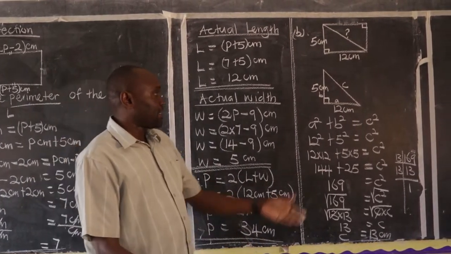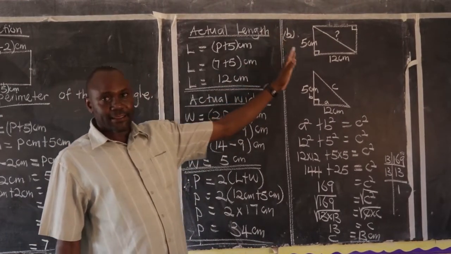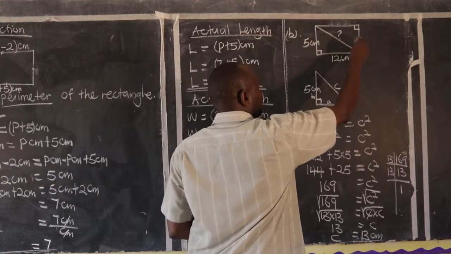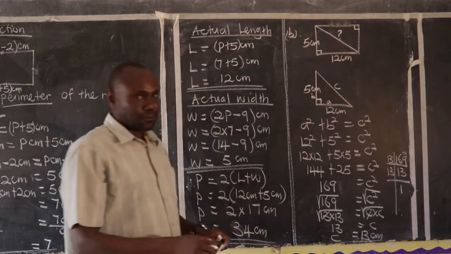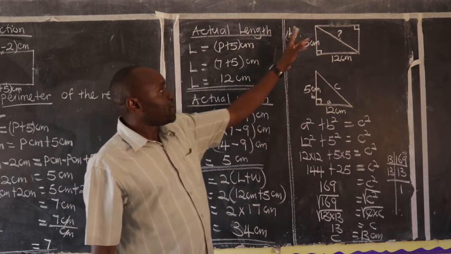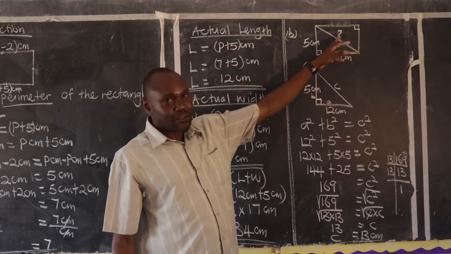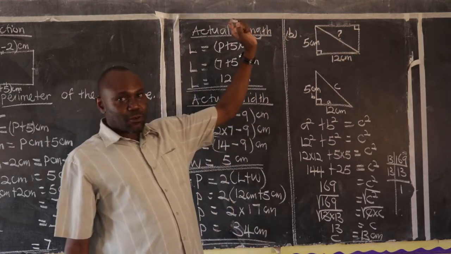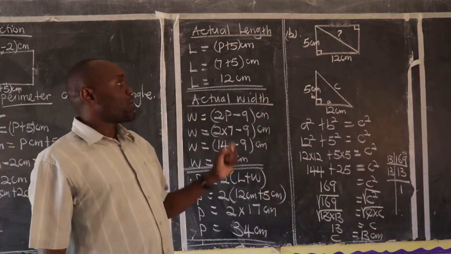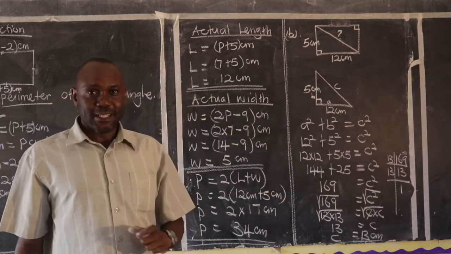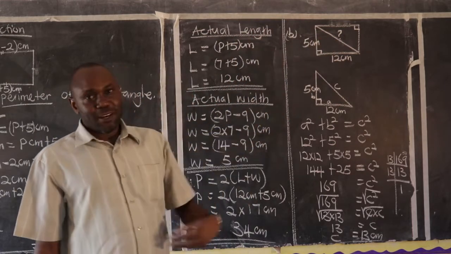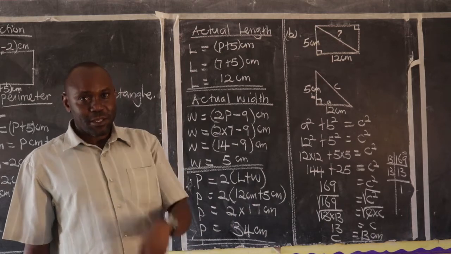Then the B part was asking you to find the length of its diagonal. This diagonal here. In order for us to find the length of this diagonal, we need to remember that man who tried his level best to make sure that all the three sides of a right angle triangle can be got.